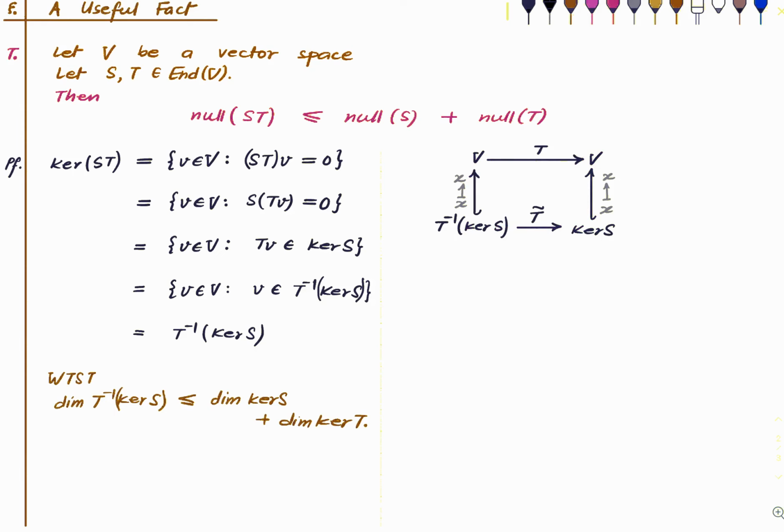Now, what is the kernel of this map T tilde, meaning the linear map going from here to there?